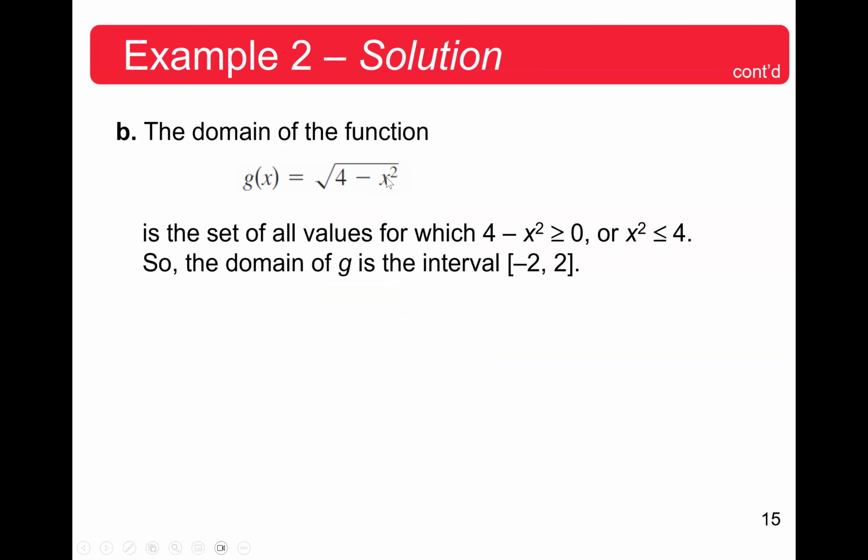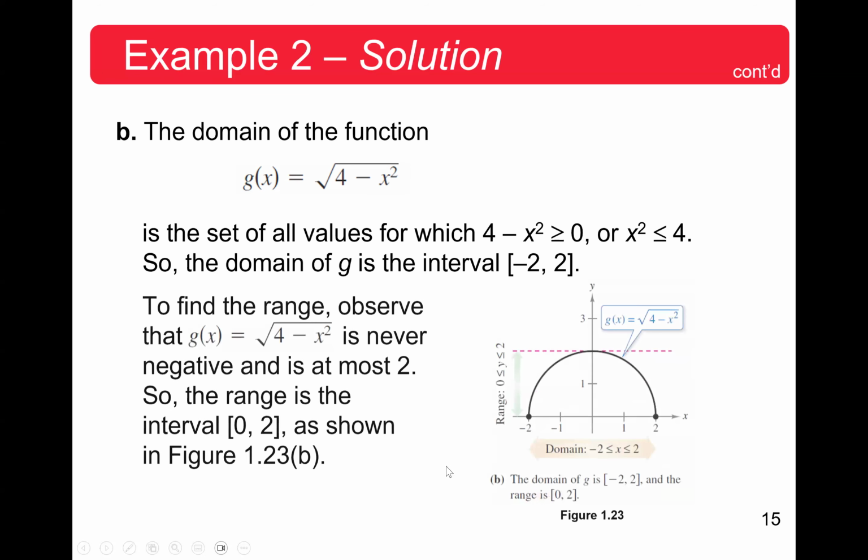Because if s squared is 16, 4 minus 16 will give us minus 12. We don't want that. So that's why the domain here will be between negative 2 and positive 2. We don't want a value greater than 4 here. If s squared is greater than 4, then we are going to get a negative answer. So that's again how to find the domain of a function.